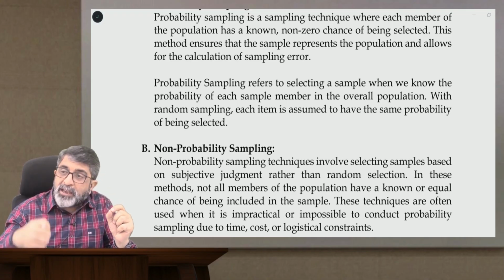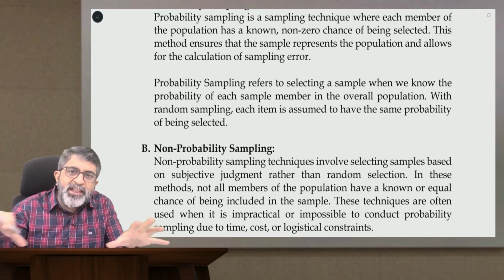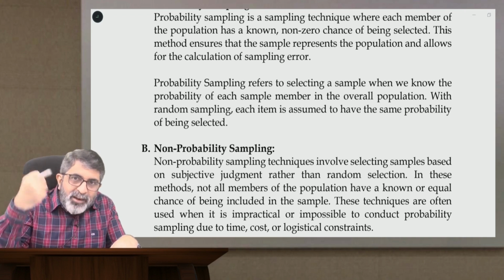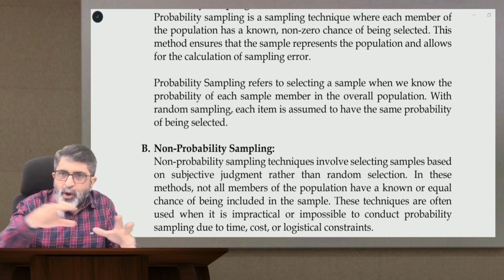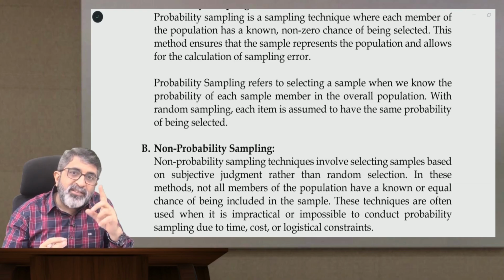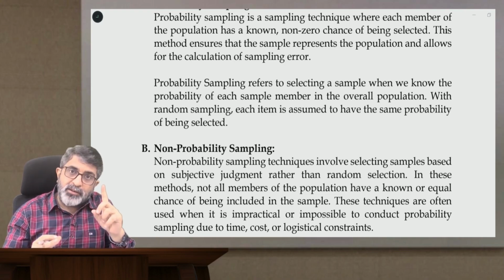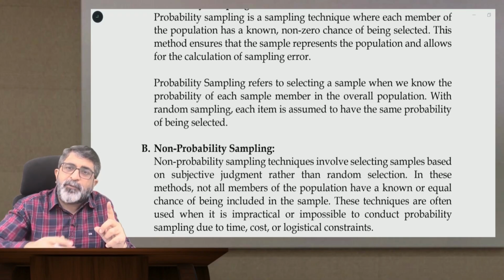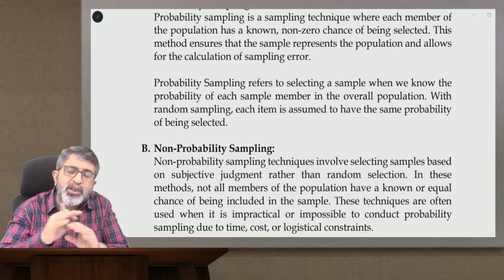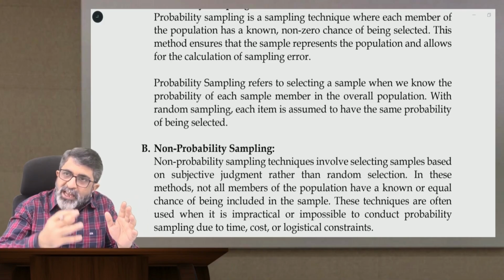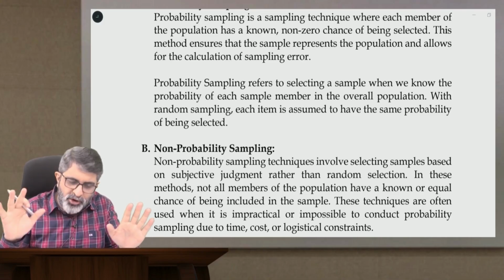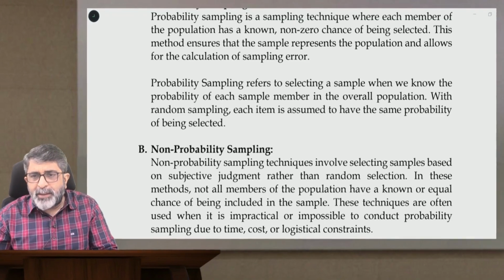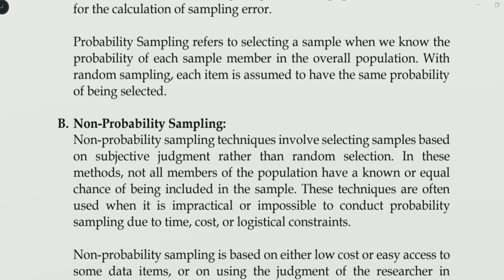Even though you have given equal chance for all the items to be selected, the random selection you have made from the lot may still have some sampling error, because the attributes of that sample may not reflect the attributes of the population in a true sense. So we do have the possibility of sampling error even with probability sampling.